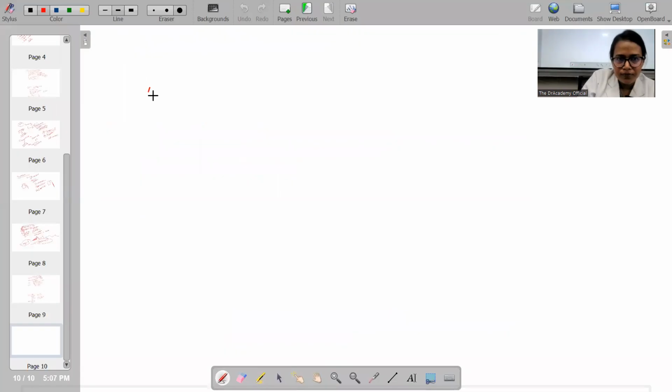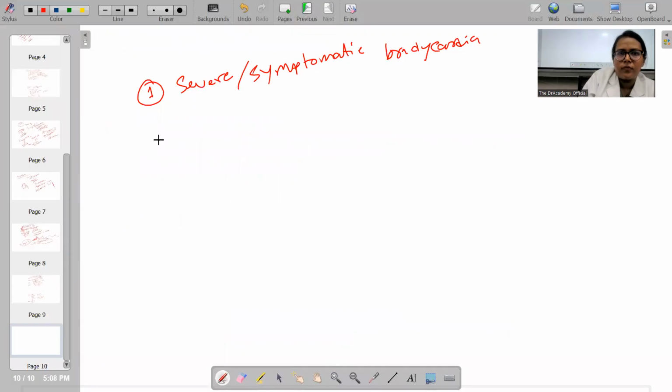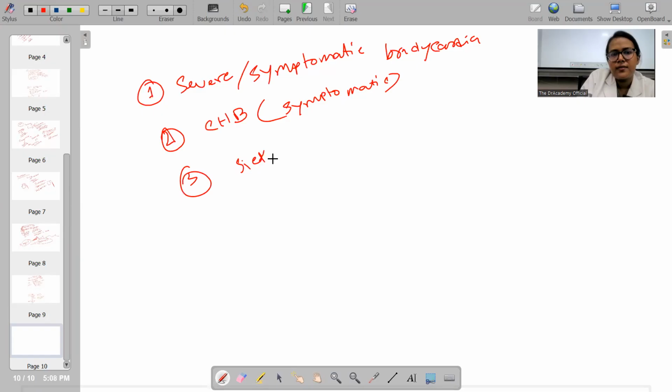Number one, severe symptomatic brady. Number two, complete heart block, symptomatic. Number three, in older patients, sick sinus. You can write it down by the side of your notebook, it's fine.